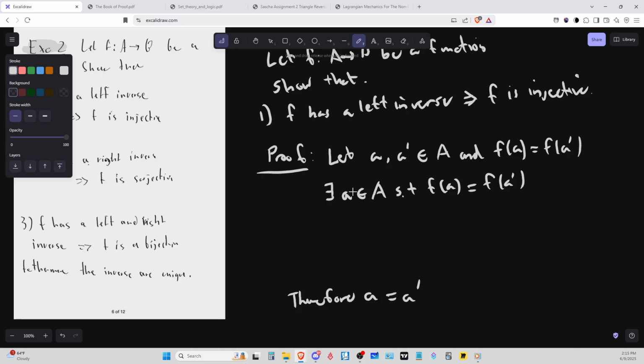So the question is, how do we show that A is equal to A prime in this case? Do we use... Oh, maybe we can use the definition of pre-image. Let's see if this works.